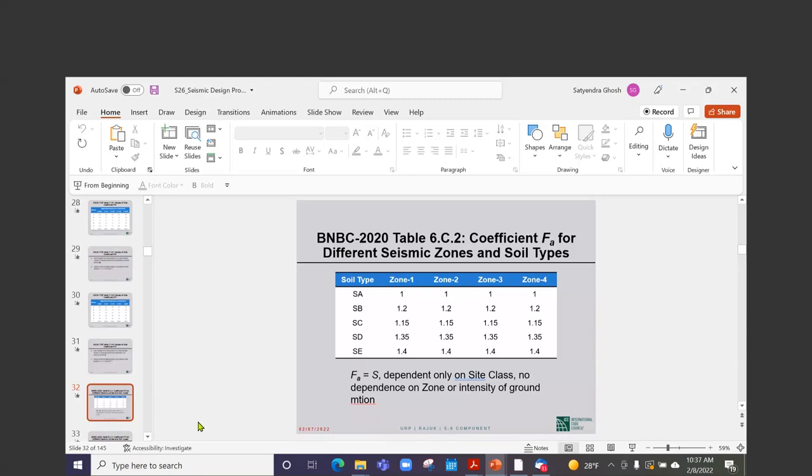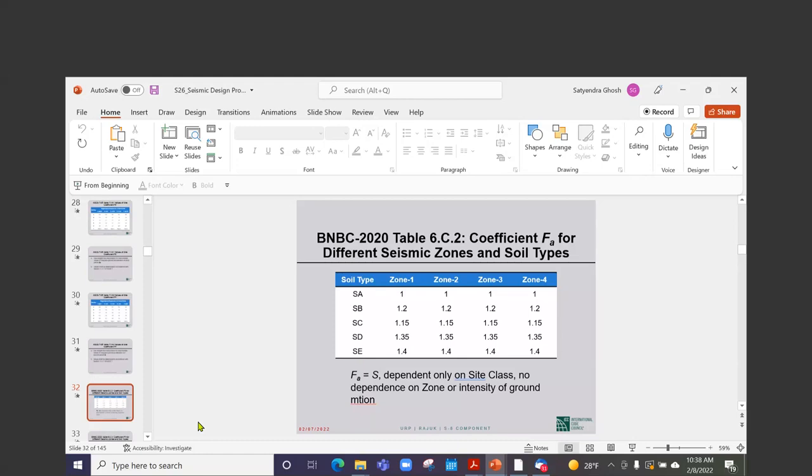Okay, so moving on. How do we design a structure in between the resonance range? What does that mean? What is a resonance range?